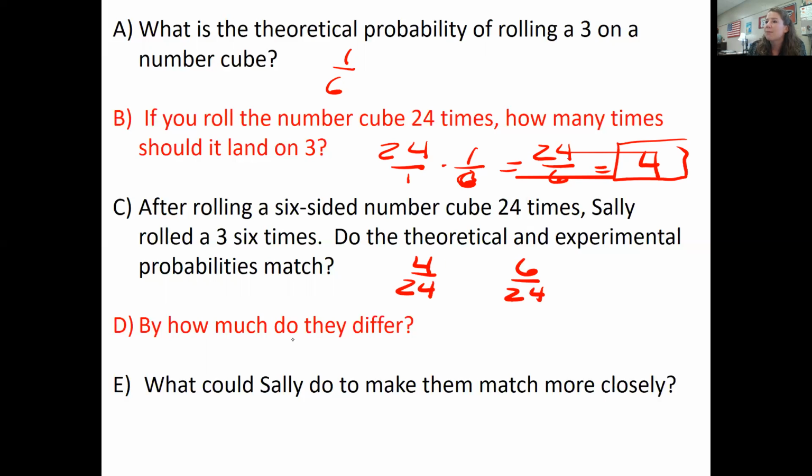The question is, by how much do they differ? Well, differ means to subtract. So 4 out of 24 from 6 out of 24 is 2 out of 24. They differ by 1/12. What could Sally do to make them match more closely? Well, Sally could conduct more experiments. That's what Sally could do.